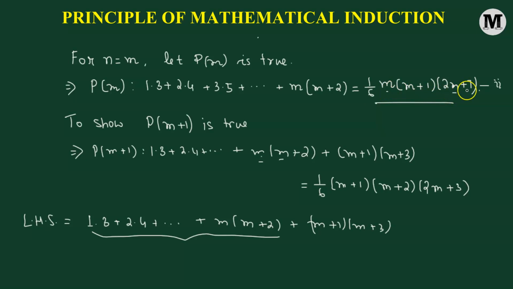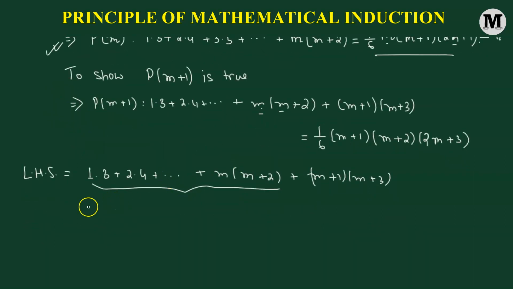And why can we do that? That's because we have already assumed P of m to be a true statement. So since P of m is a true statement, we have this 1 over 6 multiplied to m plus 1 multiplied to 2m plus 7, and to it we are going to add m plus 1 multiplied to m plus 3.